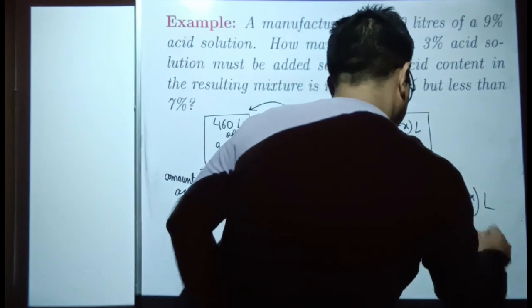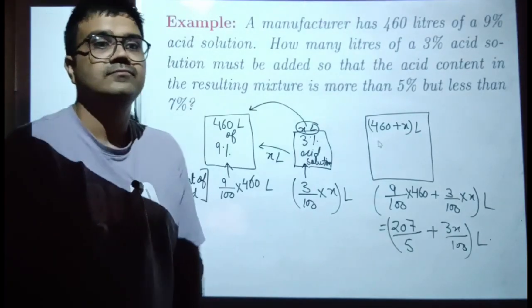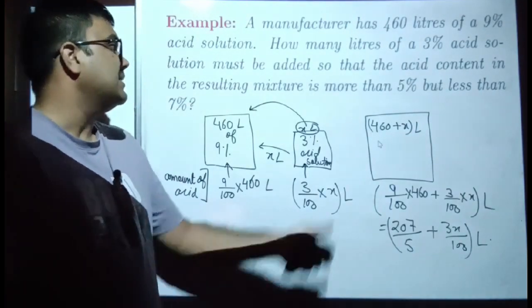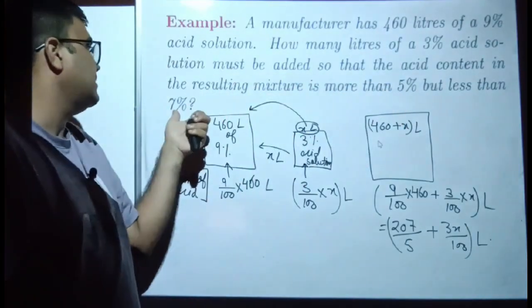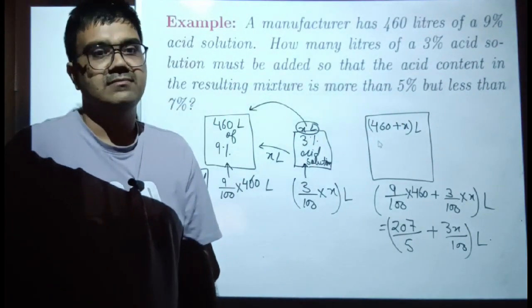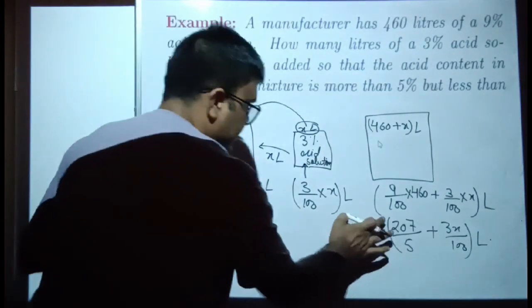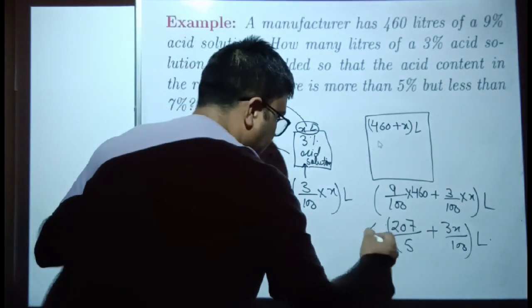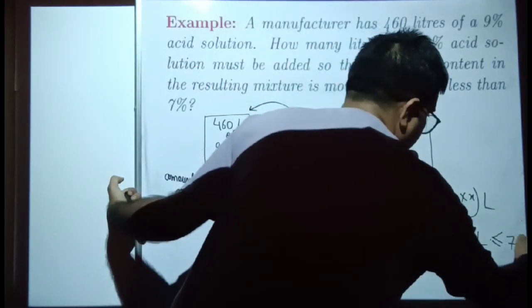So this many liters of acid is in this solution. Now it is given that the acid content should be between 5% and 7% of the total solution.